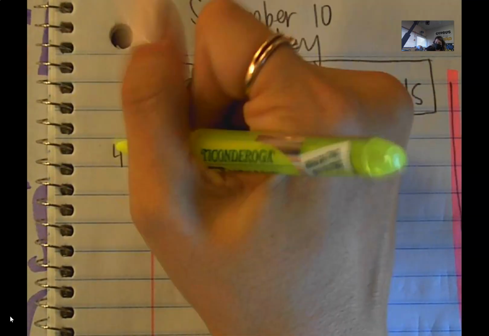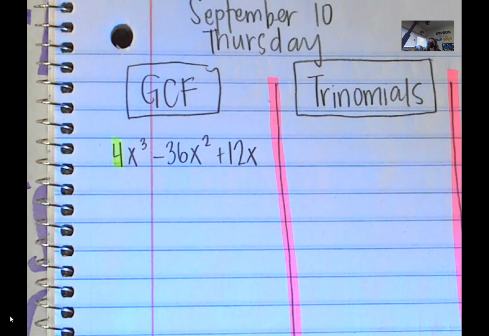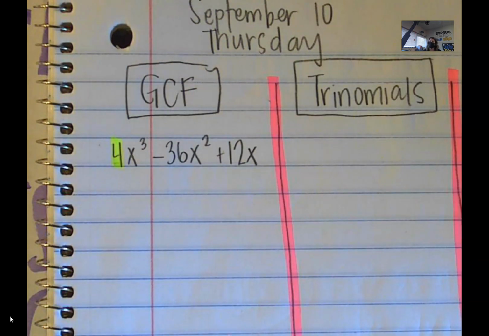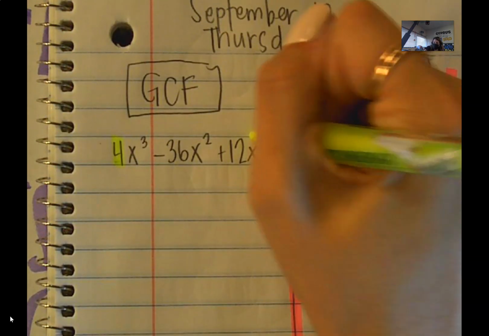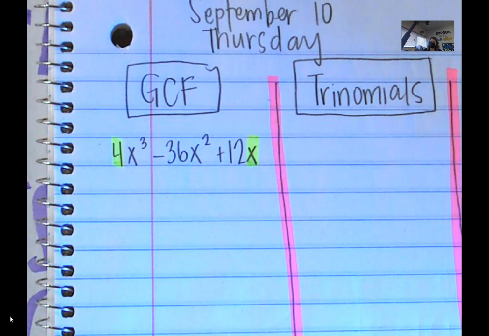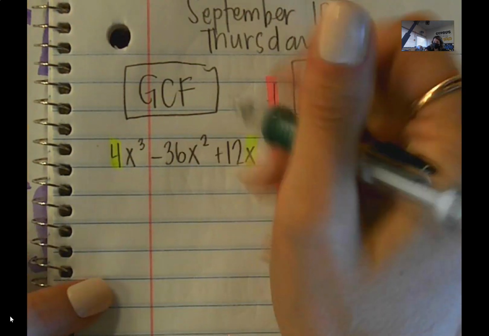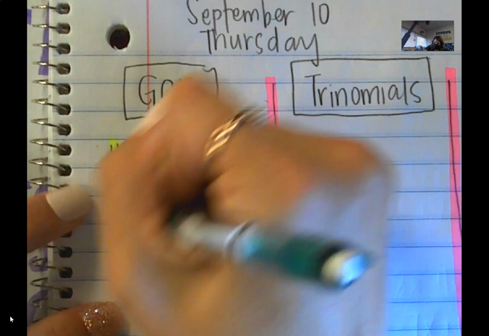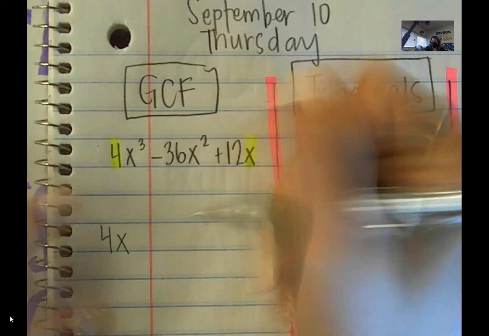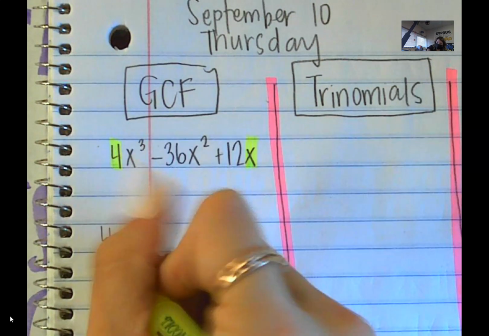And this time we do have a number on the front. It's 4, so we're going to have to factor that out, or else we're not going to be able to factor this. And then we need to take this x off of the 12. So we're going to pull out as our GCF 4x. This is our GCF.